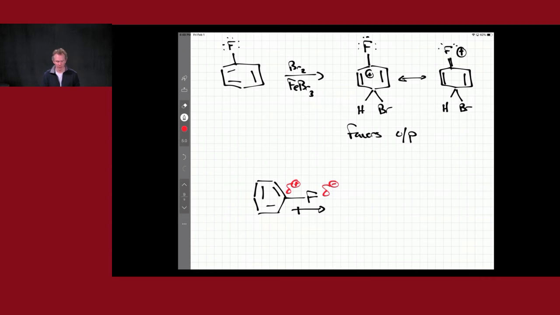And that is what we use to rationalize why they are deactivated, slower than benzene.